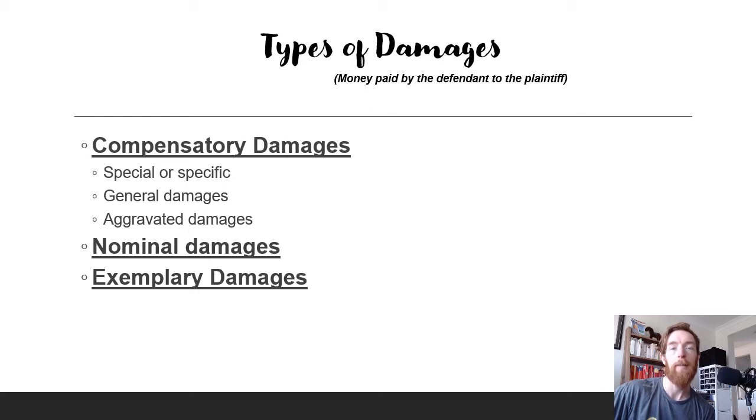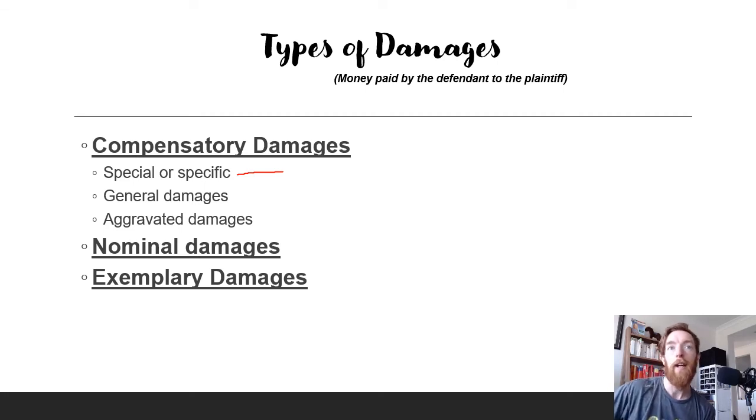So special or specific damages, these are all about things that can be directly calculated and then given in the form of damages. So this is like if someone had medical bills, if they've lost wages, anything that can be specifically calculated to give back to that plaintiff who has been wronged in this situation.